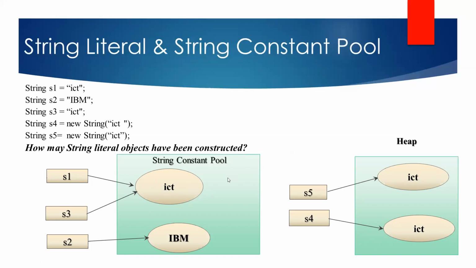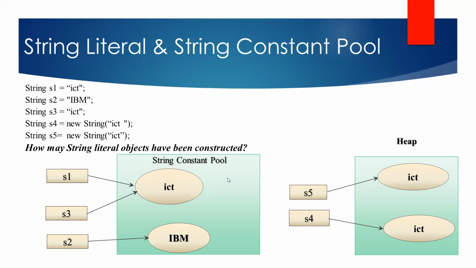Tell me, any doubt about the heap and constant pool? Is there any doubt about which object is going to the string constant pool and which one is going into the heap memory area? So in one line, if we create any object with a string literal, it will be in the string constant pool.